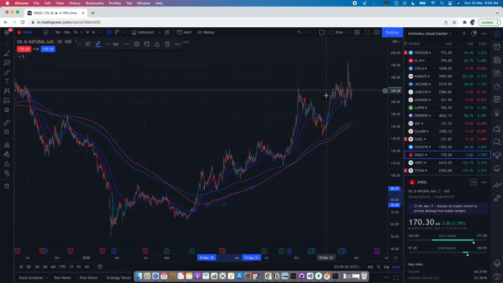There's no point waiting beyond it, because at this point it will face some resistance. If it crosses this, then again we can check whether the trend is continuing or not. But it is generally not advisable to pick up in the middle of a trend. Just look for another stock, because always pick up at these crossovers. Only then will you have the chance of making the most profit.